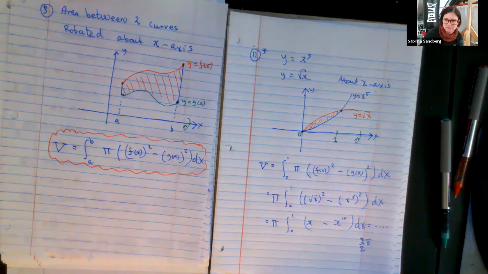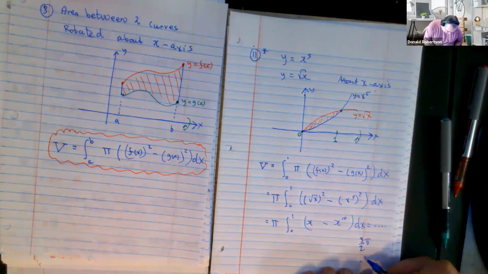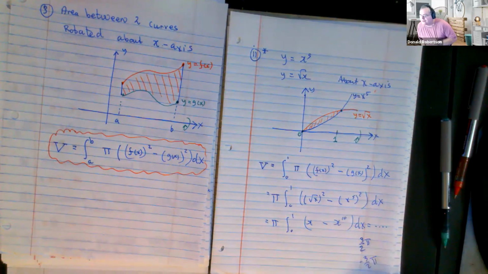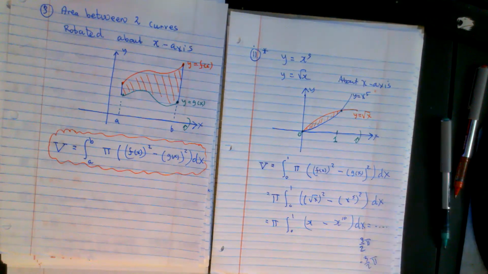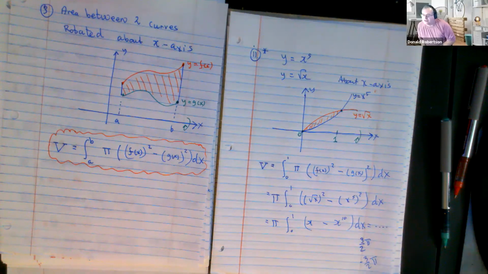Negative 3/2 pi. Right, and don't you know that negatives are impossible for volumes, because these are physical things. You never get 0 in a volume question. You never get 0 or negative numbers for that matter in area between, because these are physical things.